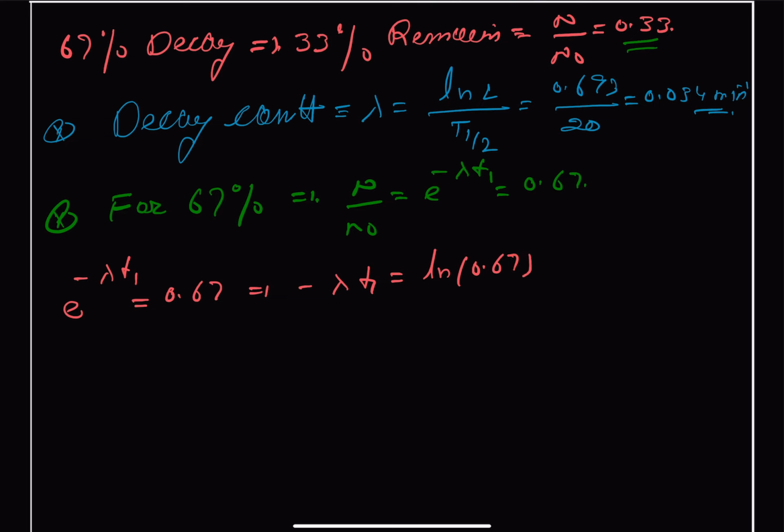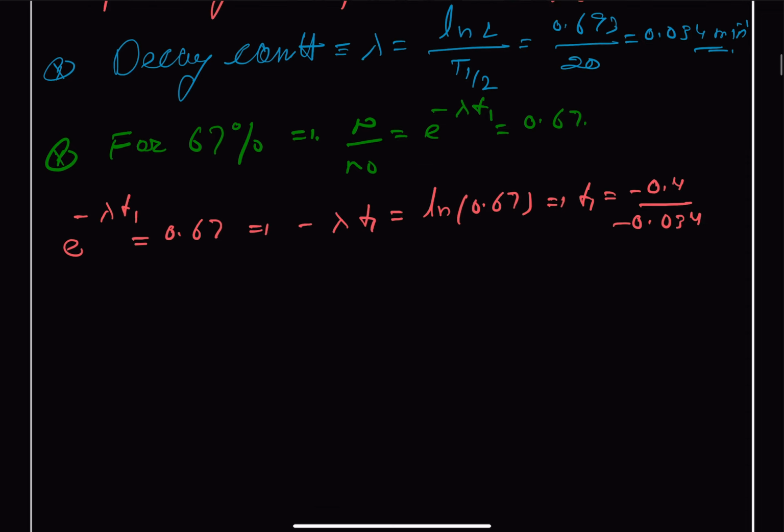And lambda we already know, so we can say that our t1 will be equal to natural log of 0.67, which is minus 0.4, divided by lambda, which we calculated as 0.034, and this is also negative. So we get from here that our t1 will be approximately equal to 11.55 minutes.